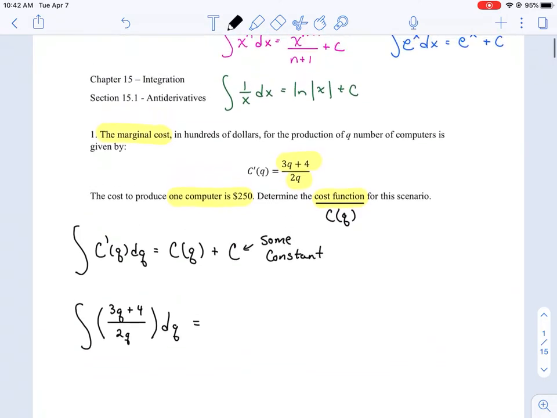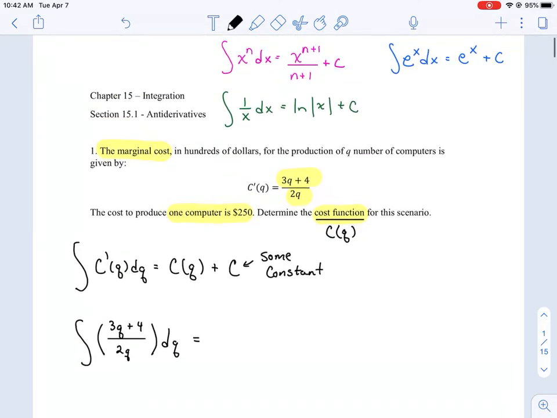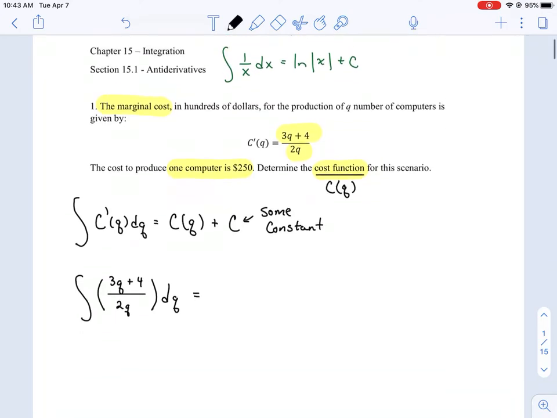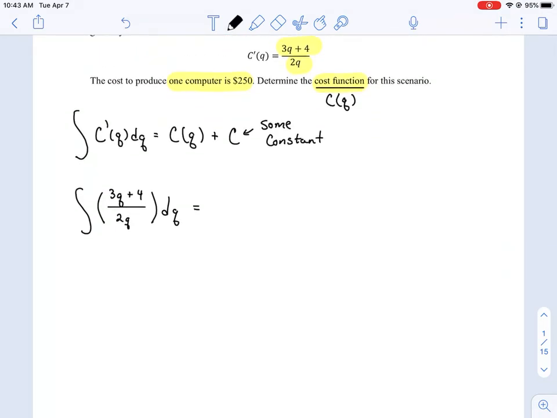However, that function is not in one of those forms that you see in the top right. It's not the form in pink, it's not the form in green, and it's not the form in blue. But what we can do with this function is rewrite it so we can apply one or more of those forms in the top right-hand corner. So to do that, notice that the denominator is just one term.